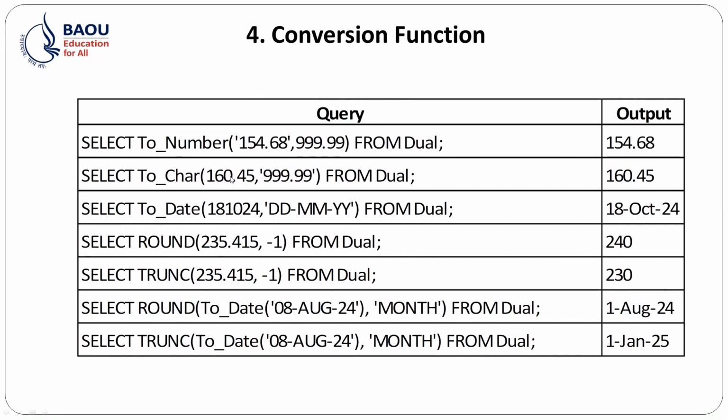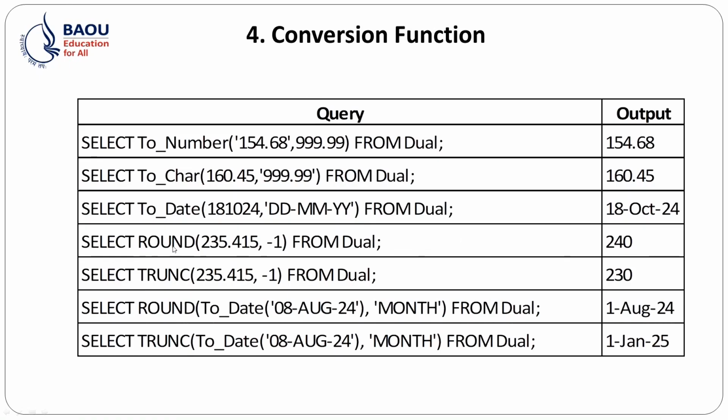Now the number is converted into character format. This to char function is used to convert the number into the string format or character format. To date function is used to convert this number into the date format. So it will display like this.